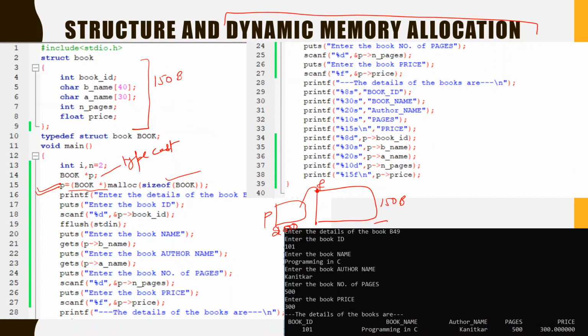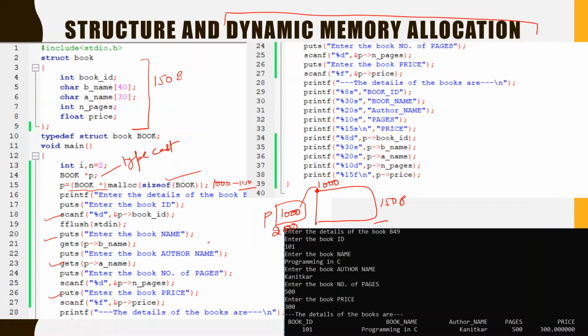Here we have assigned this to p, and suppose the memory allocated is from 1000 to 1150, because 150 bytes will be allocated. So suppose this is the address, that is 1000. So this 1000 is going to be assigned to this p. Now the scanning of the member variables we have done with the help of the pointer.